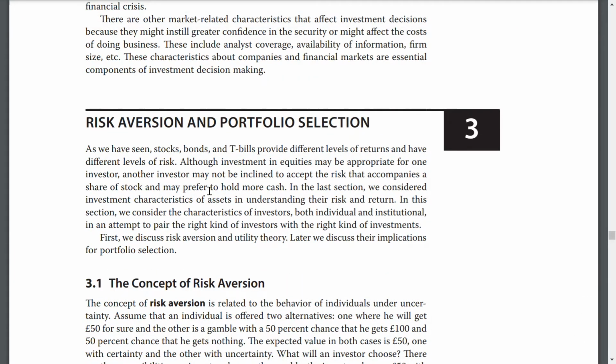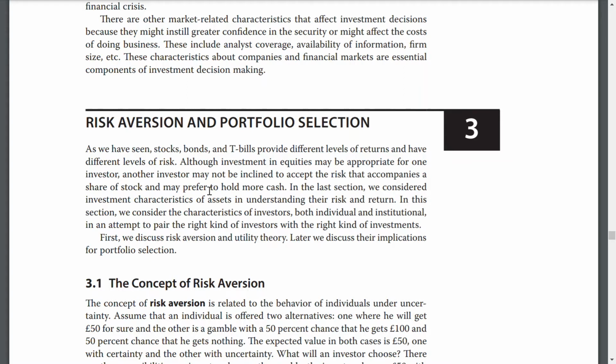As we have seen, stocks, bonds, and T-bills provide different levels of returns and have different levels of risk. Although investment in equities may be appropriate for one investor, another investor may not be inclined to accept the risk that accompanies a share of stock and may prefer to hold more cash.